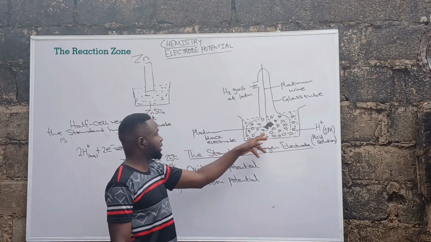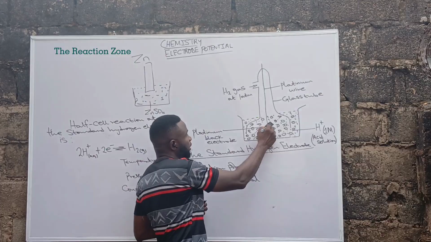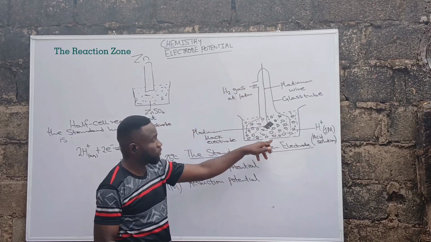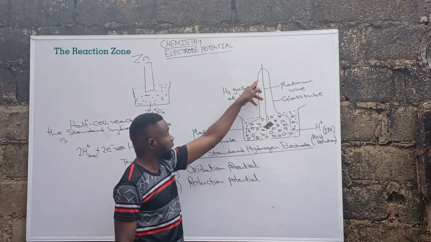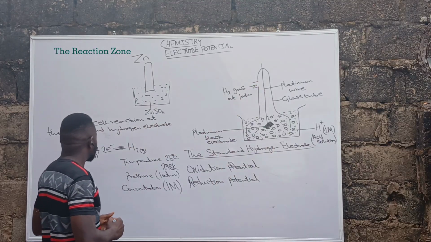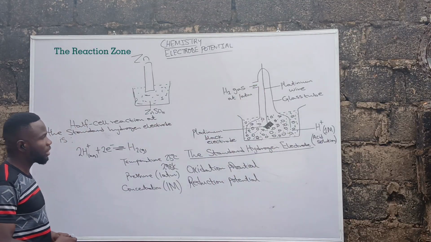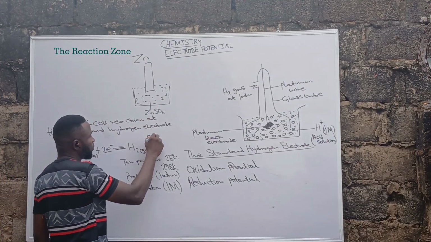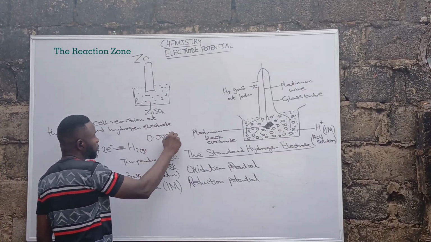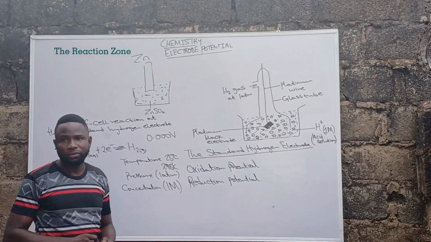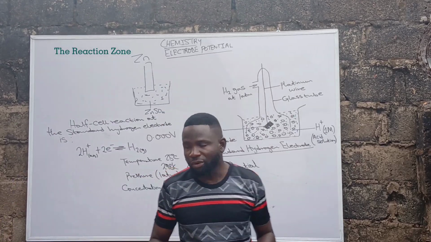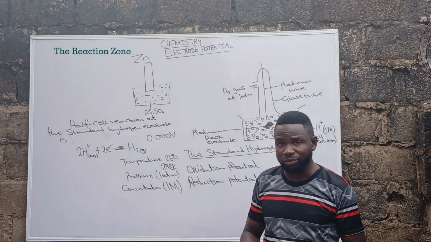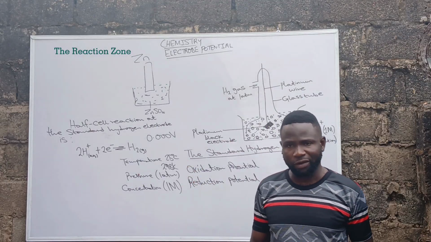That hydrogen gas that is adsorbed here comes from the hydrogen gas that is bubbled into this setup from here. Now, the standard hydrogen electrode has a value of 0.000 volts. So this is the value of the electrode potential of the standard hydrogen electrode. It is a constant value.